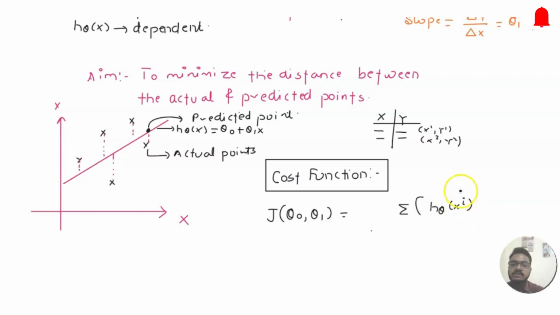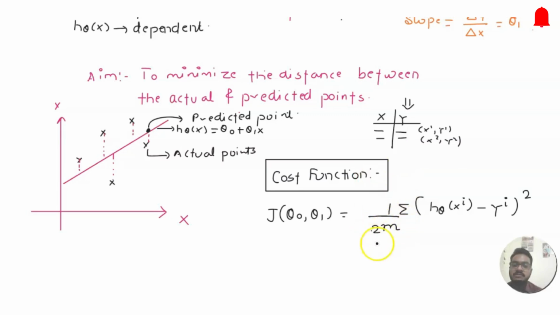So h theta of xi is our predicted output minus yi, which is our actual output. Now, we take the square of it and then we take the average of it. So this average of the square of the distances between the actual and the predicted point is what we have to minimize. We further divide by a factor of 2.